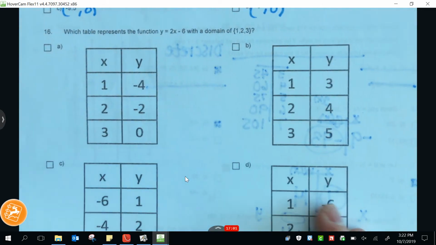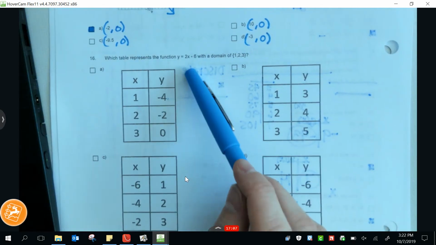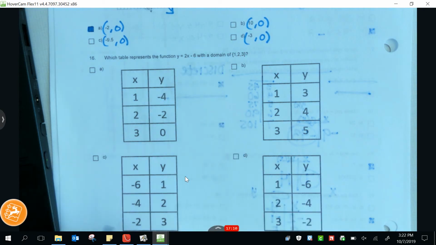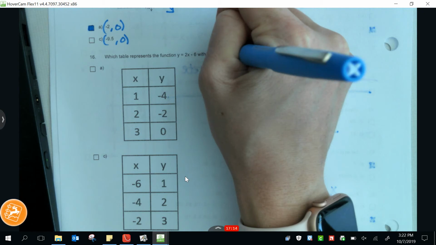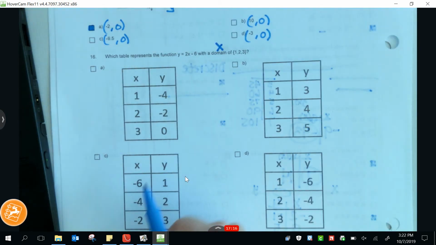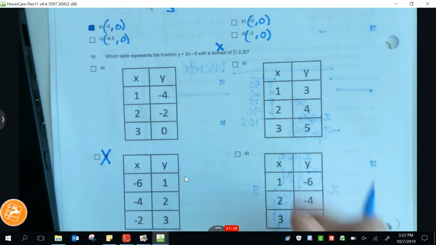All right, which table represents the function? Which table represents the function y equals 2x minus 6 with that domain? So first thing, domain is the x, so that means that's out. And the rest are possible options.